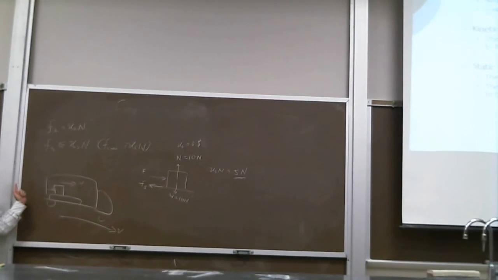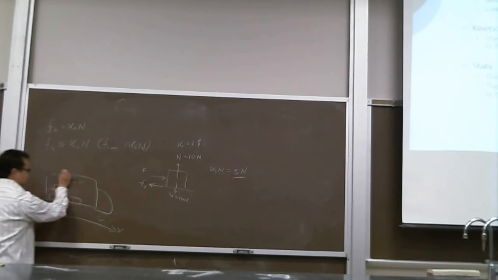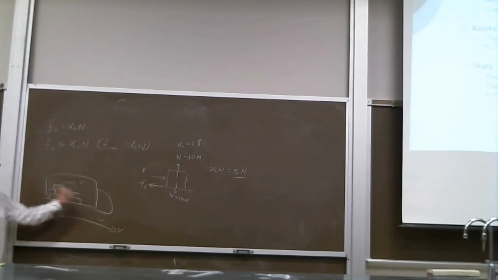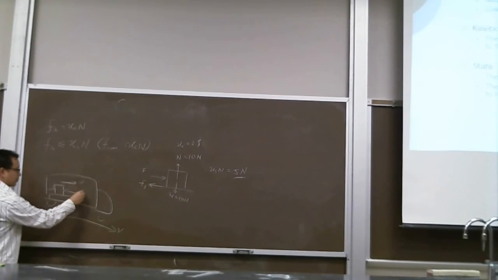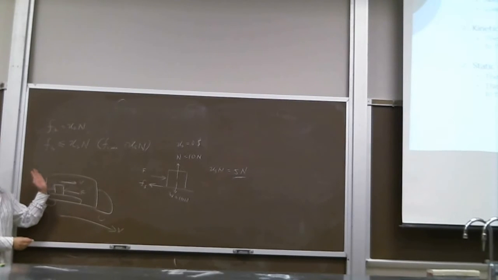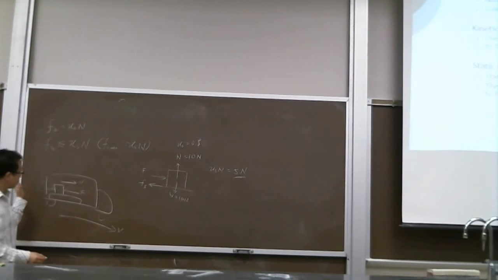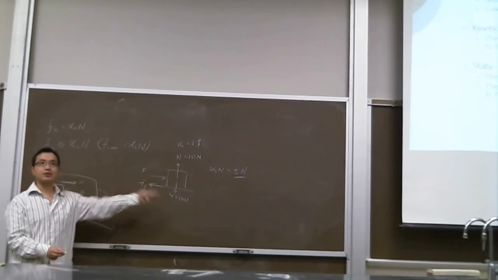Now, I'm trying to push it from this direction. I give it a force. It's not in motion relative to the surface here. Of course, as a whole, it has some motion in that direction.